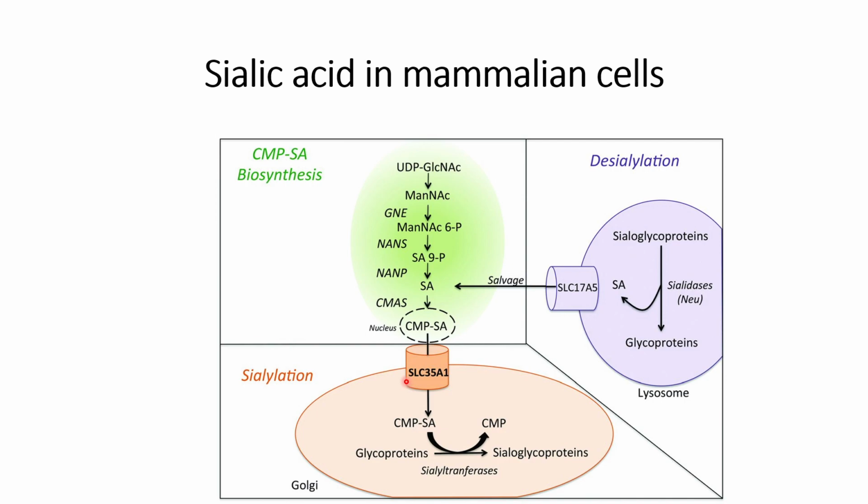So when the CMP sialic acids move into the Golgi with the help of the transporter SLC35A1, the glycoproteins, that is, proteins with carbohydrate structures, interact with CMP sialic acid in the presence of several enzymes commonly grouped as sialyltransferases. There the sialic acids are transferred to the glycoproteins, forming sialoglycoproteins.